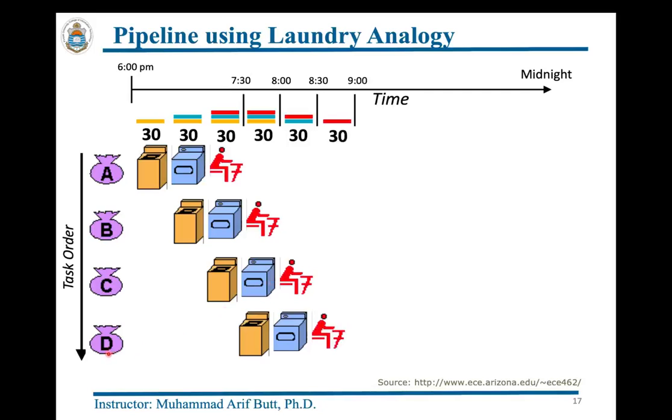And task D gets completed at time 9. Total time taken to complete these 4 tasks in this laundry pipeline is 3 hours, whereas the time taken to complete the same 4 tasks in the non-pipelined laundry system was 6 hours.